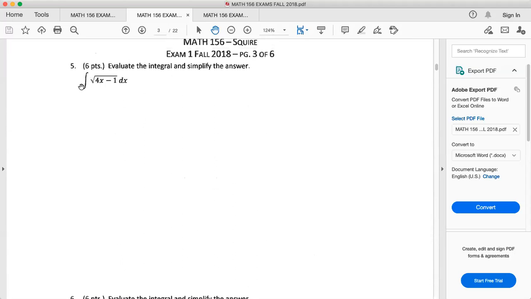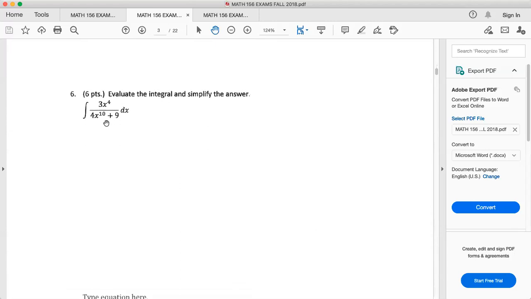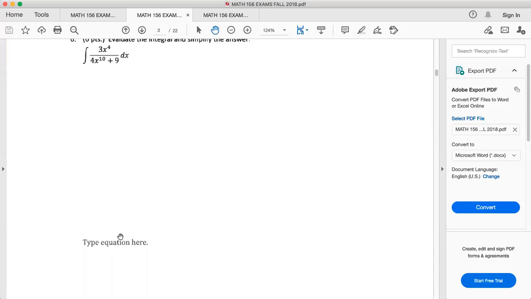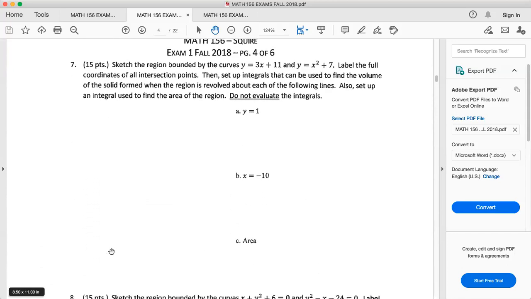That one should be easy. Is that true? Should be easy, I hope. That one is like the one we just did, where you have to make it into inverse tangent, but you don't have log and inverse tangent. You just have inverse tangent. There's the volume.